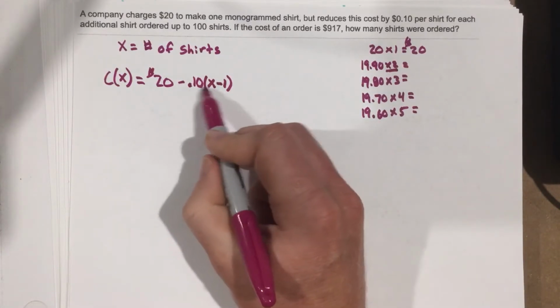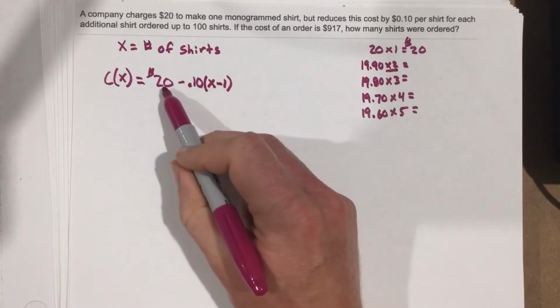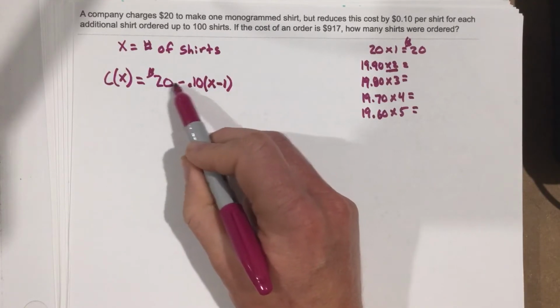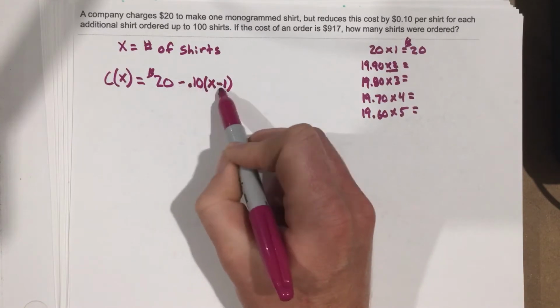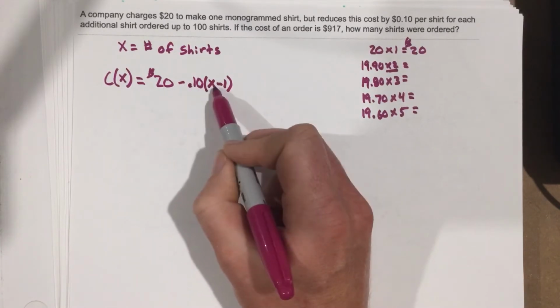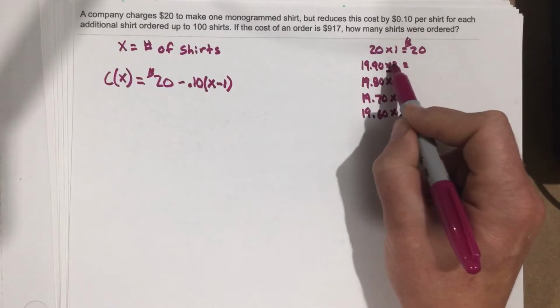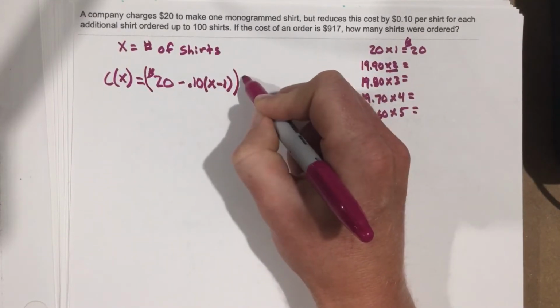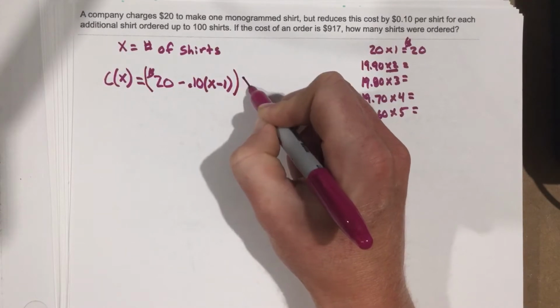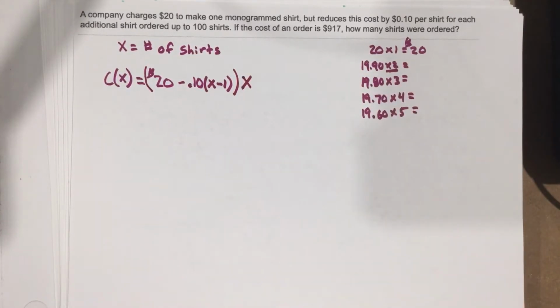But all of this has to be multiplied by the number of shirts, right? This is just getting you the cost. 20 minus 0.10, let's say that were 2, it'd be $19.90. This will give you $19.90. I actually have to take it times the number of shirts. So I'm going to put parentheses around this and multiply it times X, which is the number of shirts.